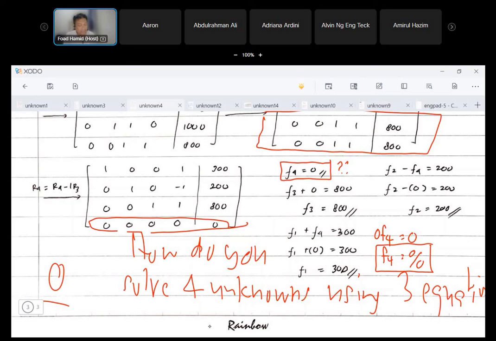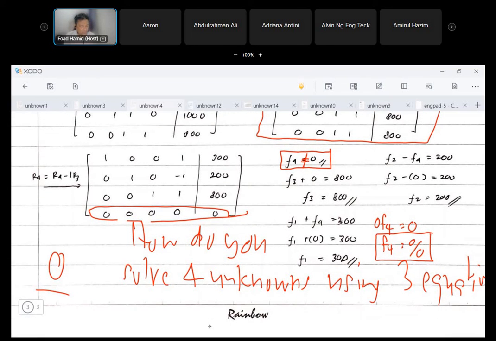What is the value of F4? F4 is not equal to 0, because we have four unknowns, but we have only three equations. So this is why I'm asking the student, how do you solve four unknowns using three equations?